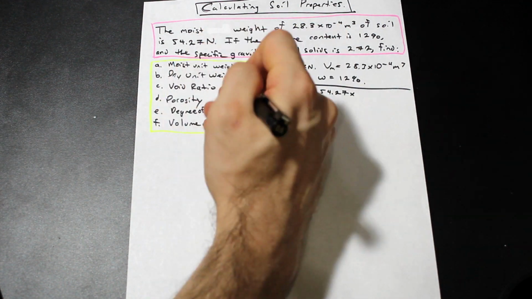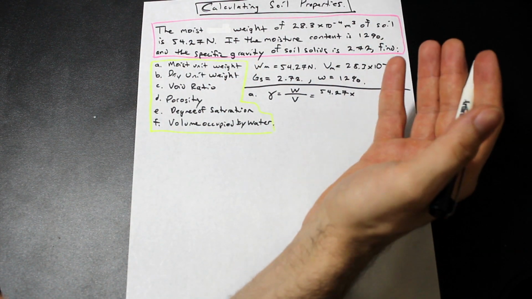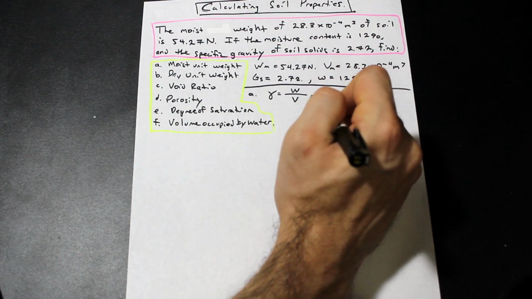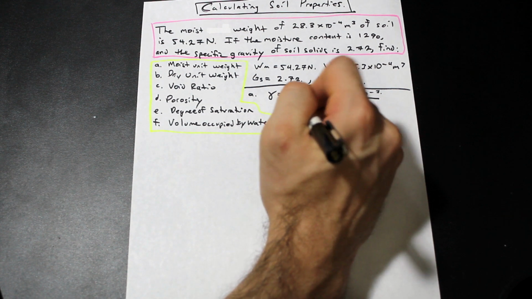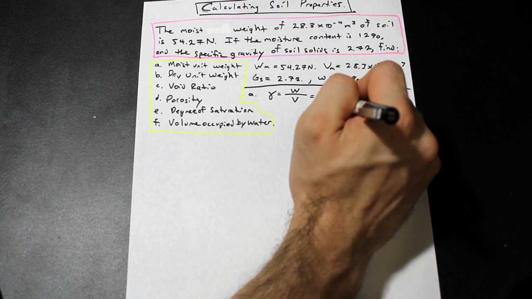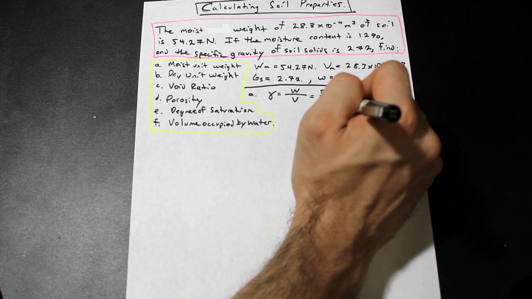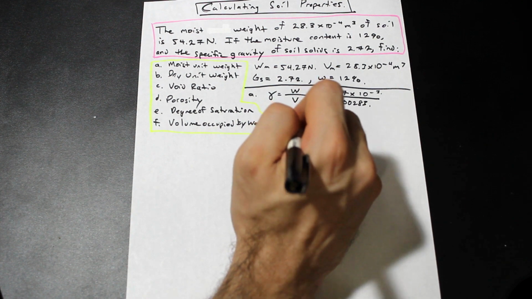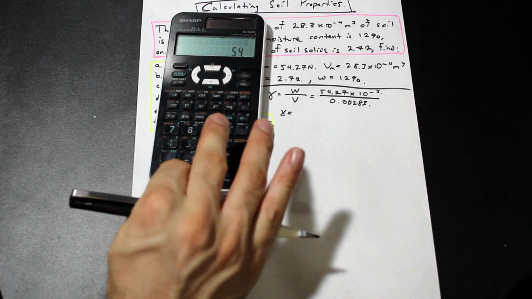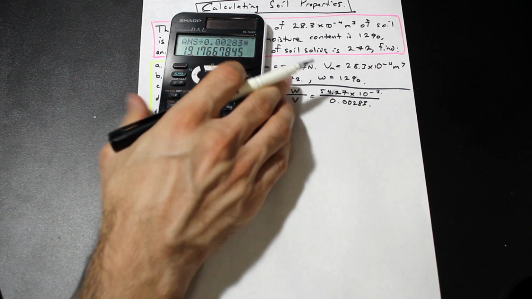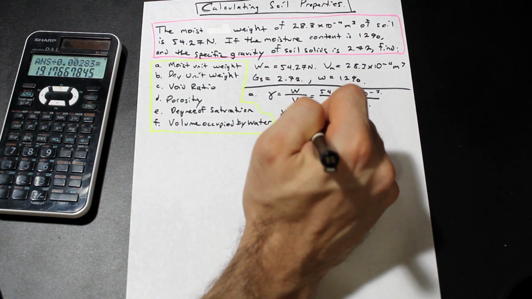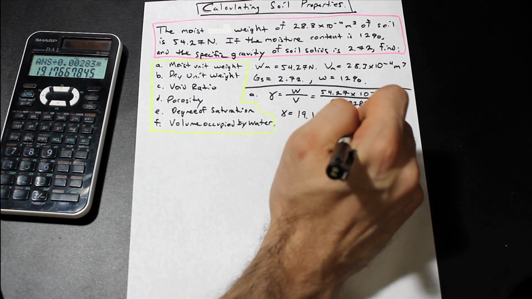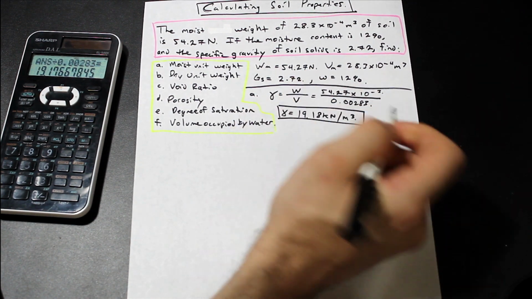Usually when we do a question like this, we express it in kilonewtons per meter cubed, so we multiply by 10 to the negative 3 to make that kilonewtons. As we have a meter cubed unit on the bottom, which is given to us, we don't need to change that. So we have 0.00283, and the moist unit weight is equal to 19.18 kilonewtons per meter cubed. So that is our moist unit weight.